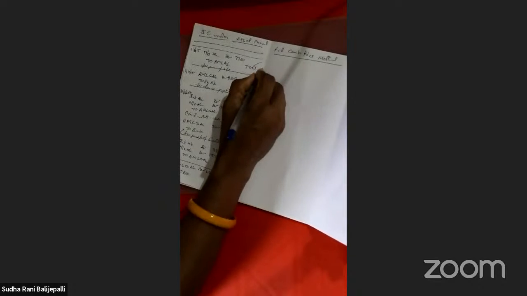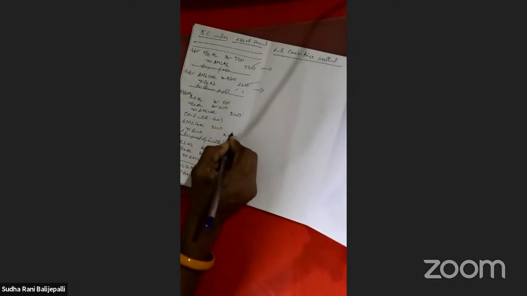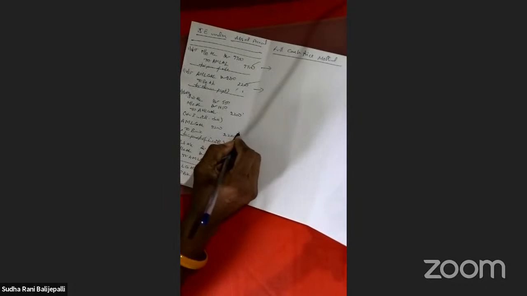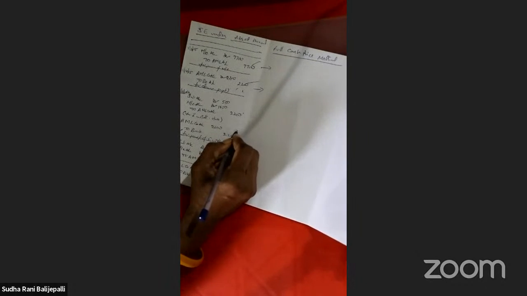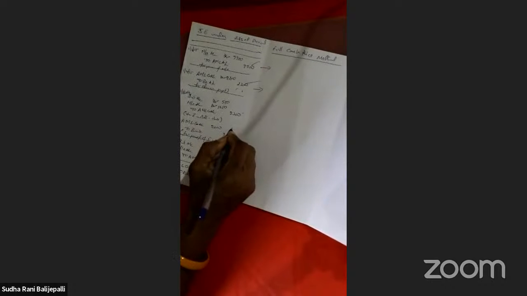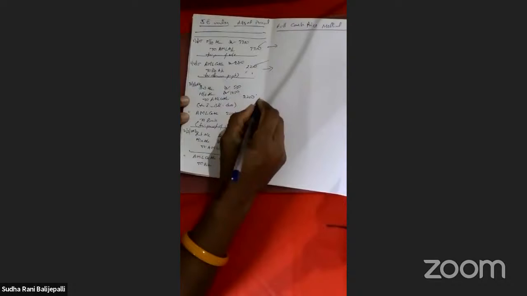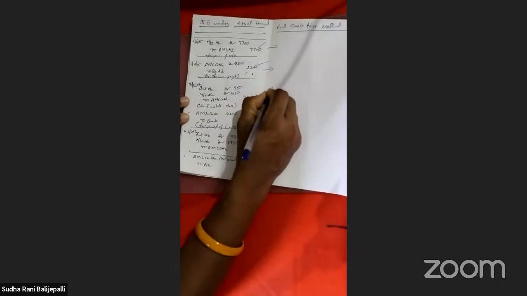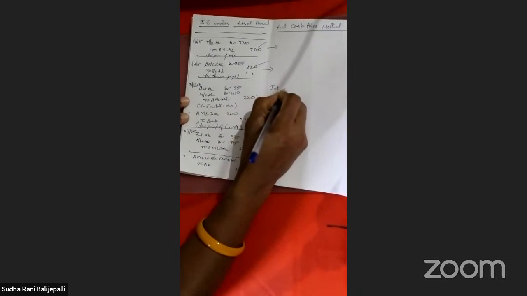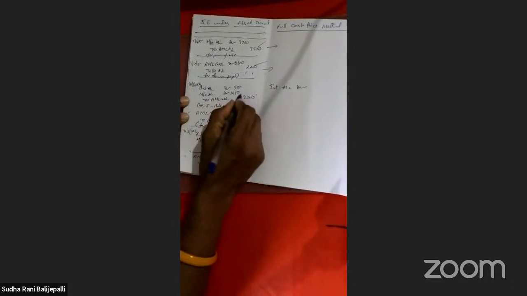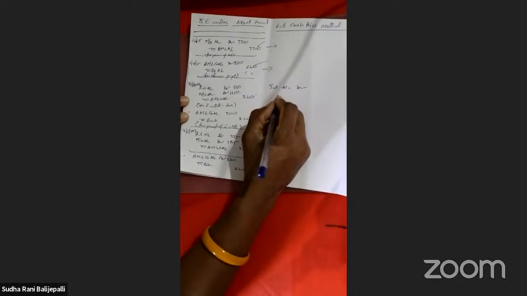Same entries will come here. Then what is the difference here? From the installment payments onwards, we will take only interest, and we don't write the amount due towards the actual cash price.